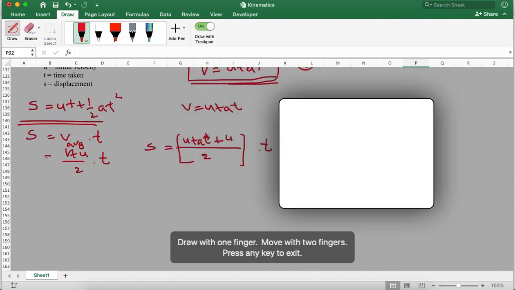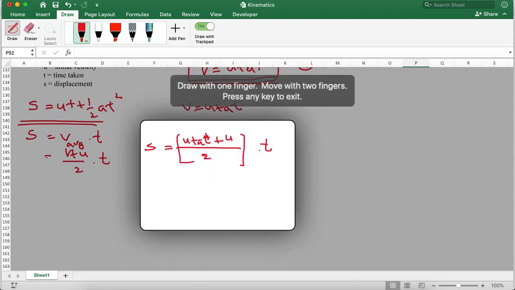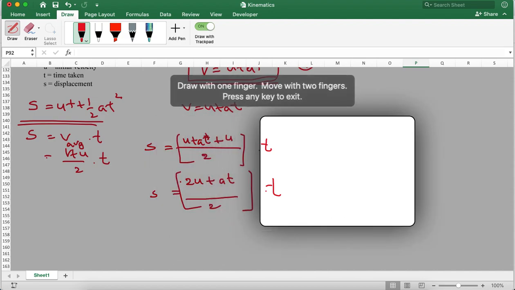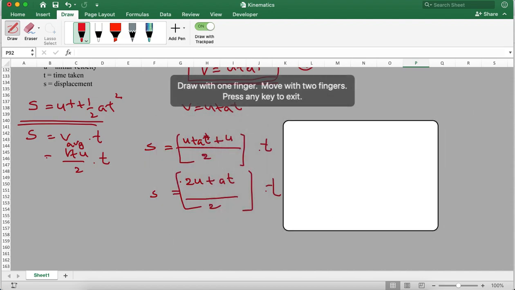Now, you see here, S is equal to 2U plus AT divided by 2, into T. The denominator 2, please write for both the terms.